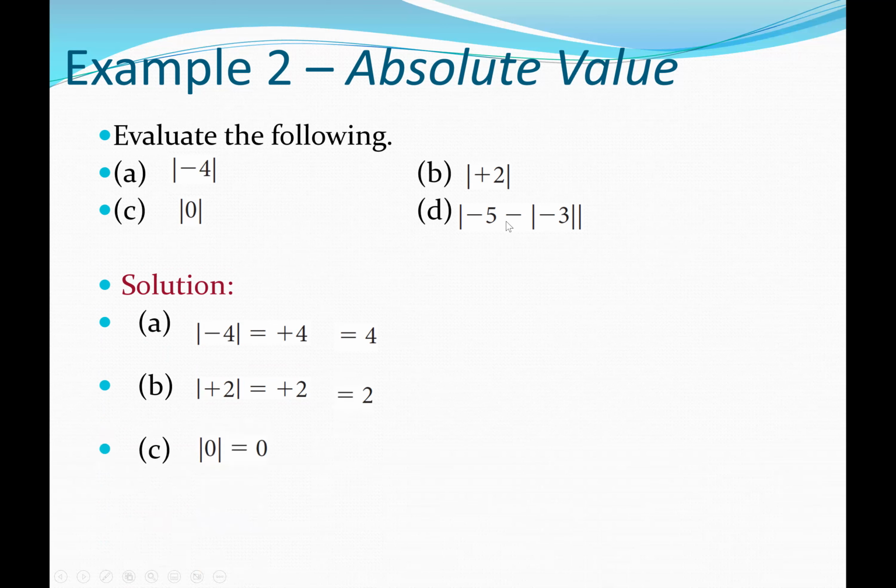Here we have to be careful: the absolute value of -5 minus 3. We remove the absolute value signs here, so we get -5 minus 3, which gives us -8. And the absolute value of a negative value is positive, so the answer will be 8.